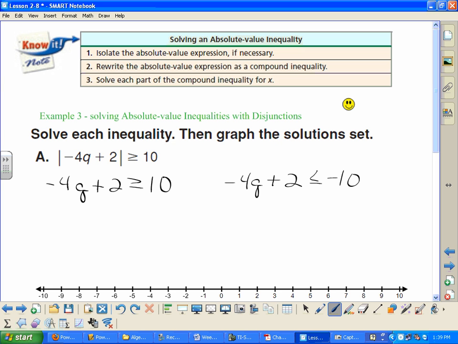Okay. Now notice, this says the absolute value of negative 4q plus 2 is greater than or equal to 10, which means when I get my final answer, it's going to be a disjunction, and my arrow should go the opposite way. Okay? So we're talking about or here.